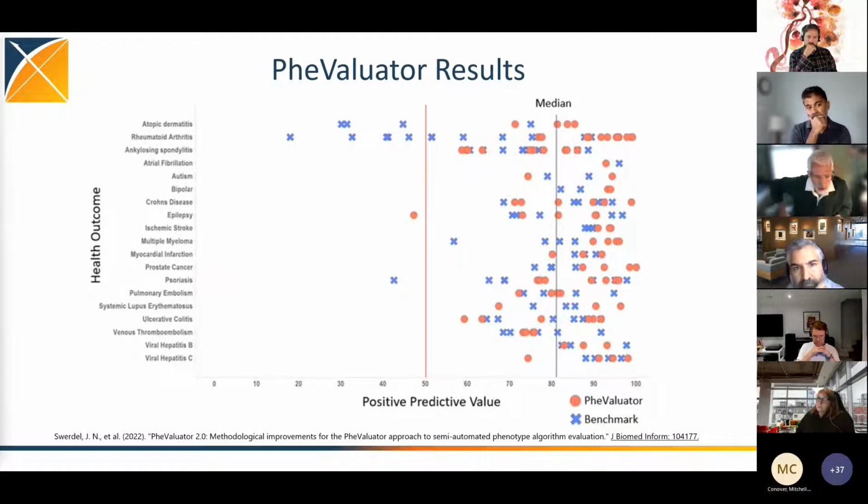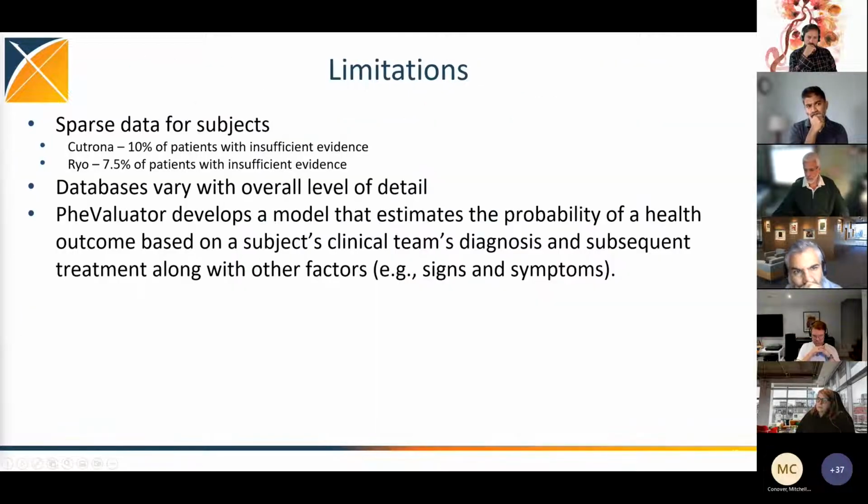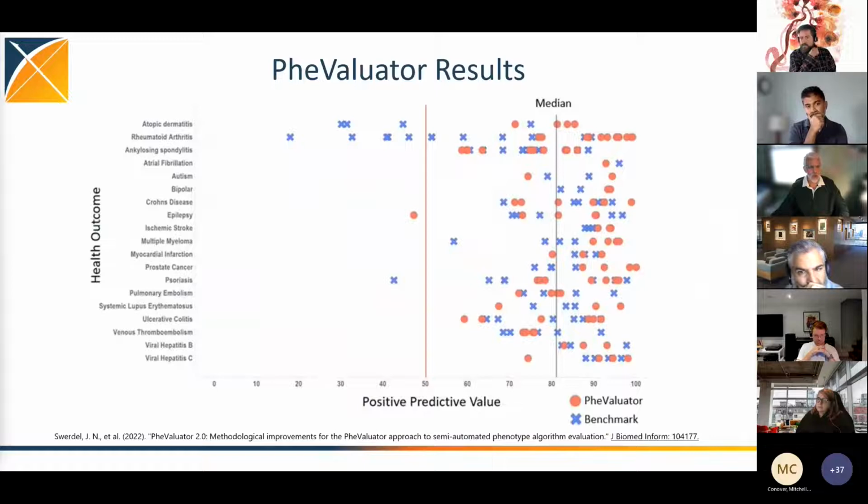These are the results that we showed in our most recent paper for PheValuator 2.0. Just to give you an orientation, on the y-axis you have the set of health outcomes that we looked at. On the x-axis you have the positive predictive value. The X's were the benchmark.